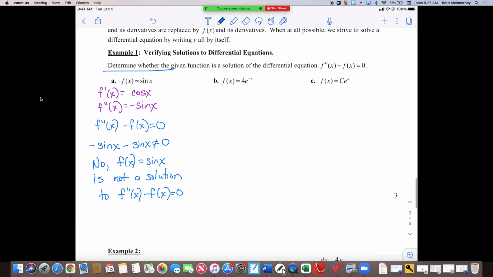So I'm going to pause a moment, and I want you to try letter B and C. You're going to need to find the first derivative and the second derivative, just like I did. So you've got some chain rule happening. And then plug it in to f double prime of x minus f of x and see, yes or no? Is it a solution? So this will be good practice.